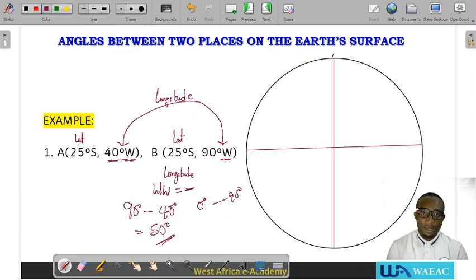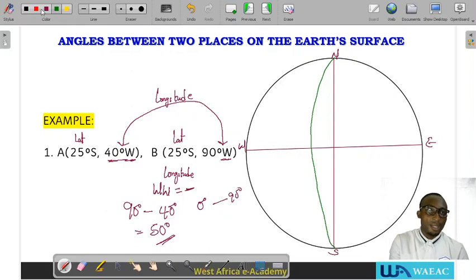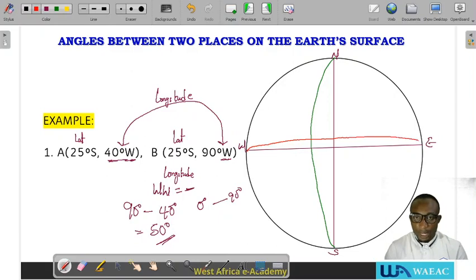This is north, south, west, east. After that, we introduce our prime meridian. This green represents our prime meridian. After that, let's introduce our equator. Our equator is the reference point for latitude. So look at it here.